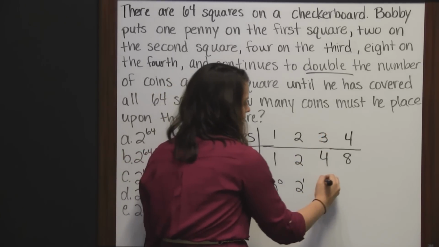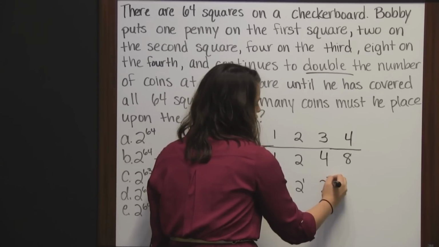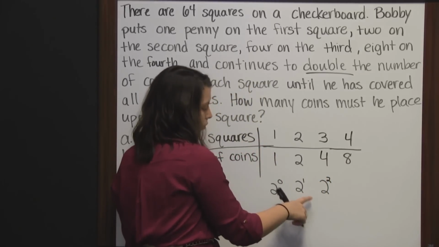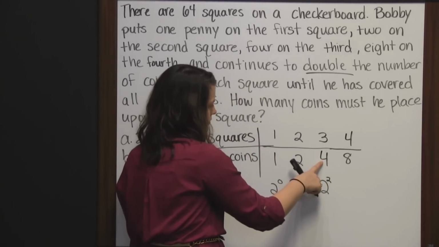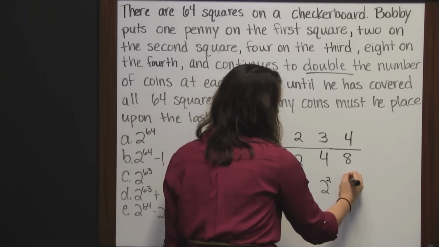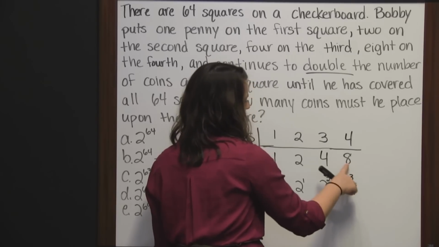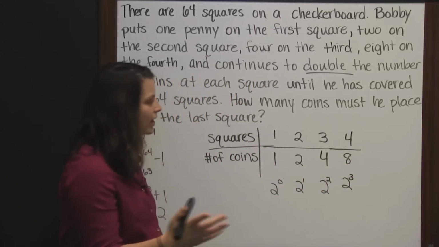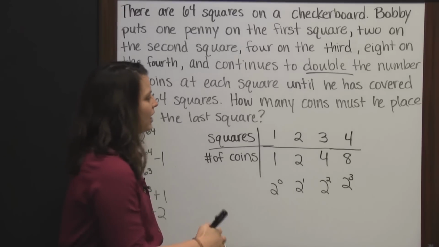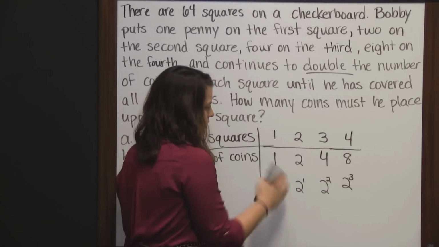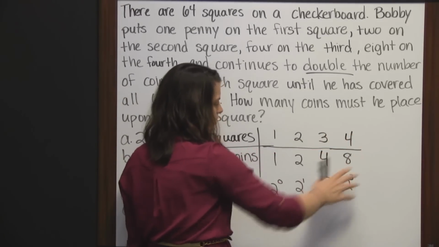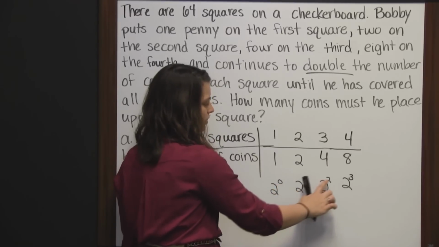On my third square, I have 2 squared coins. 2 squared is 4. On the fourth square, I have 2 cubed coins. 2 times 2 times 2 is 8. So as you can see, as we increase our number of squares, our exponent also increases.